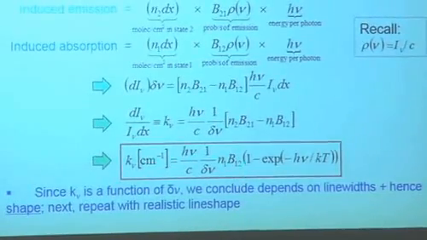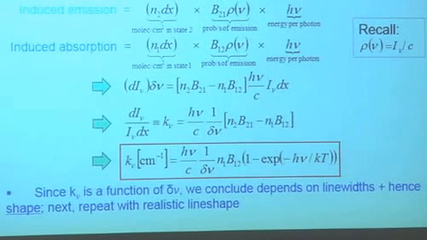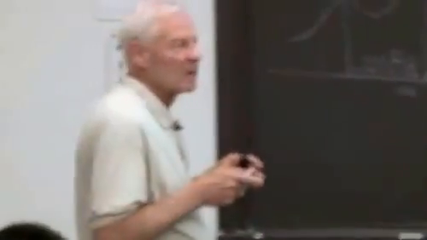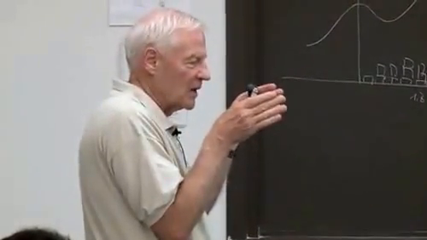scales with the probability that a photon of the right energy will cause the effect, times the number of molecules you have, times some constants, and 1 over delta nu. So the line width does make a difference. Why? Because that really is the amount of radiation that's going in.